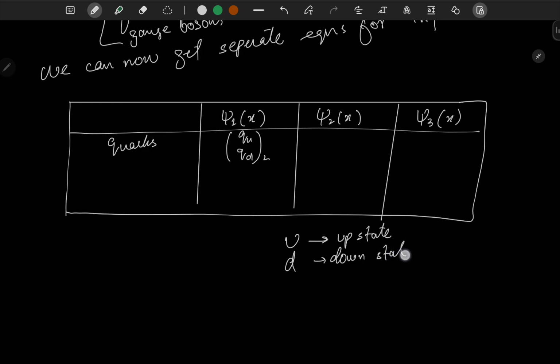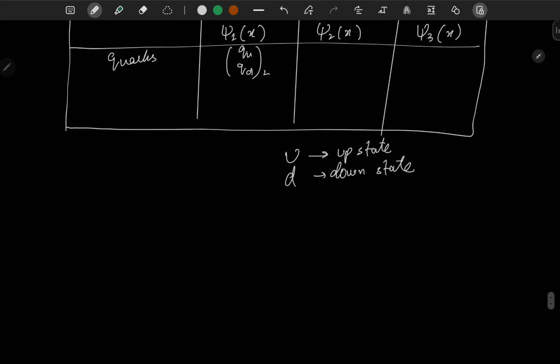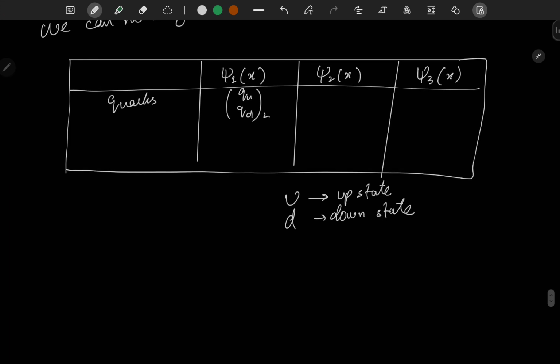down state, which in the case of quarks, we have three up type states, which are up, charm and top, and down type states, strange and bottom.